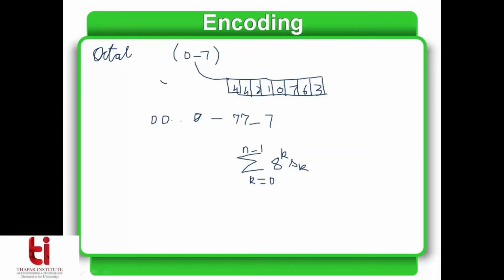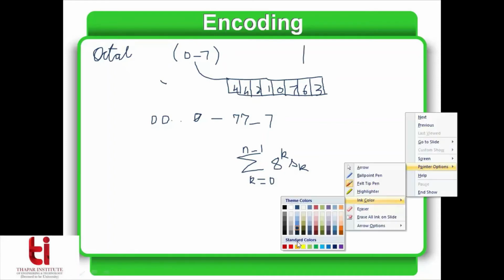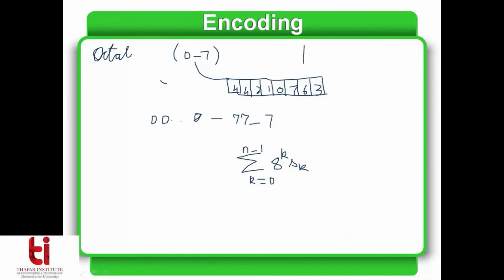On similar lines, I have hexadecimal encoding. So for hexadecimal encoding, what is my range? It is going to be 0 to 9, and then A to F. So I have 16 values which can be represented. So my 8-bit string can be represented as one possible value.